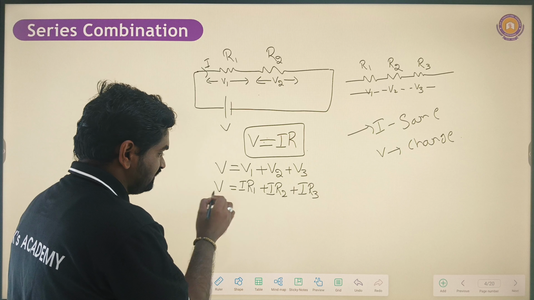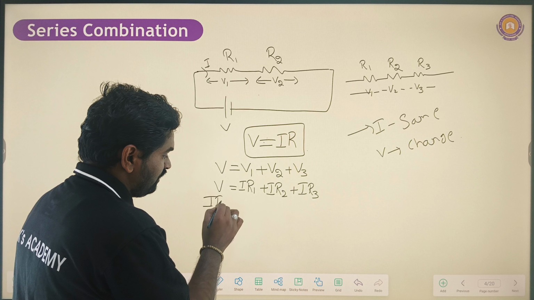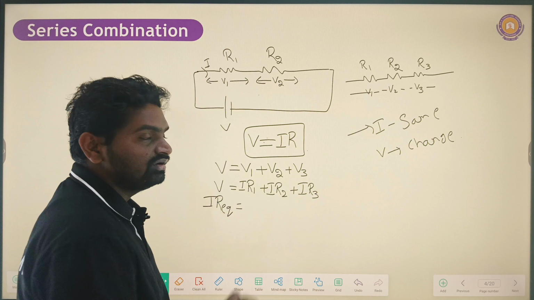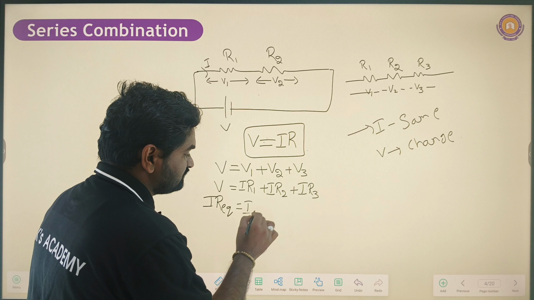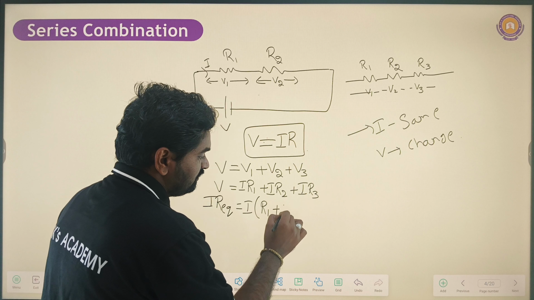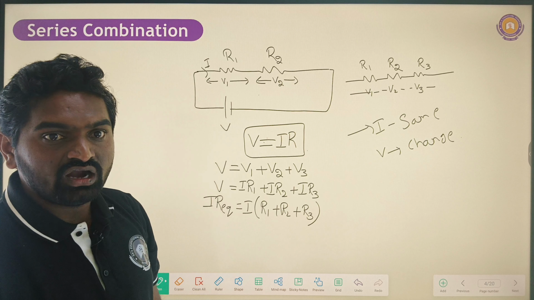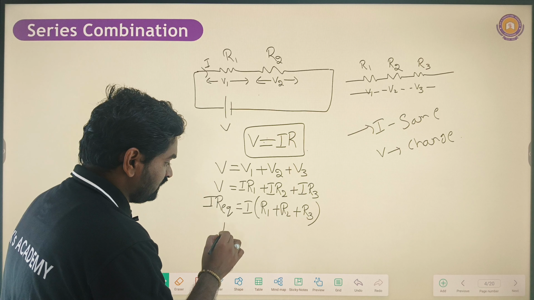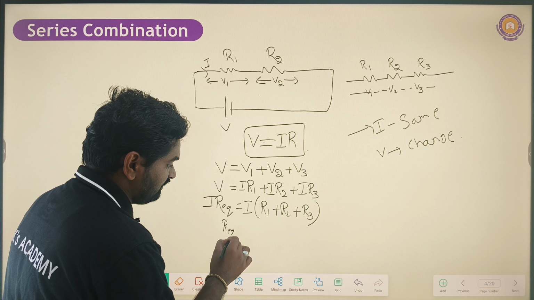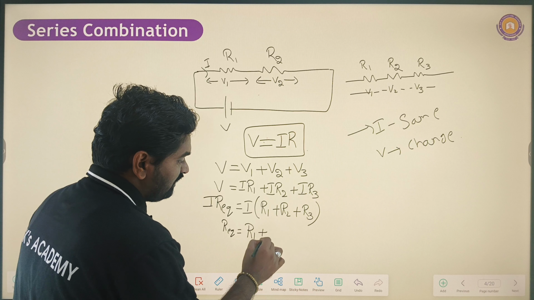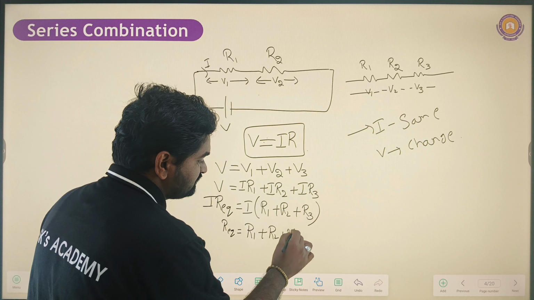So the total V is equal to I into R equivalent. Taking I as a constant, I into R1 plus R2 plus R3. So I gets cancelled, and R equivalent is equal to R1 plus R2 plus R3.